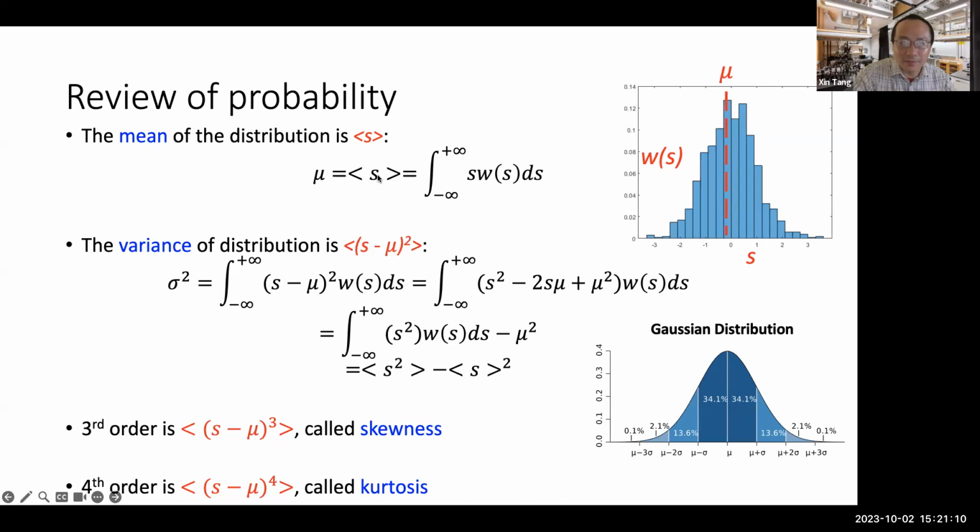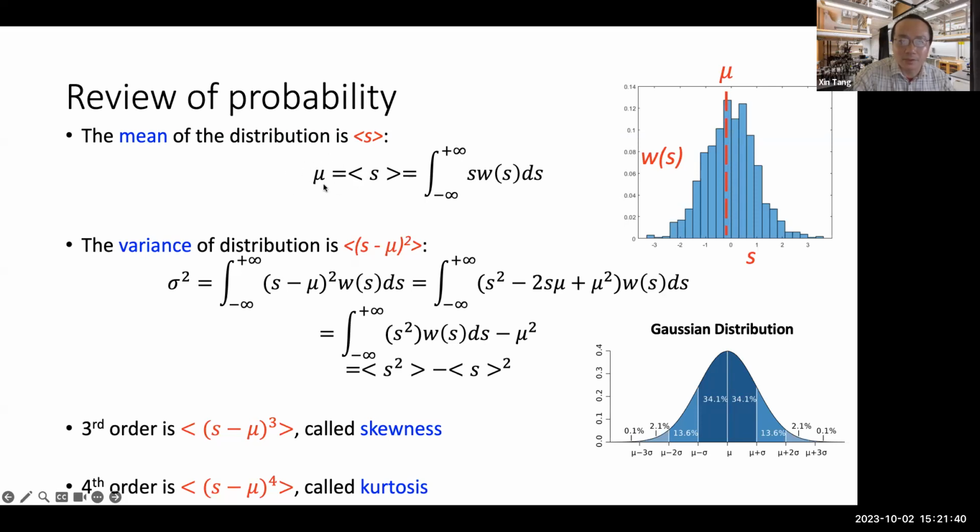This value means the mean of s. This mean of s is the integral of s, which replaces the previous f function, s times the probability distribution times ds, and then do the integration for all the possible s. So this s inside will give the s in a bracket, and this value we always use mu to represent.